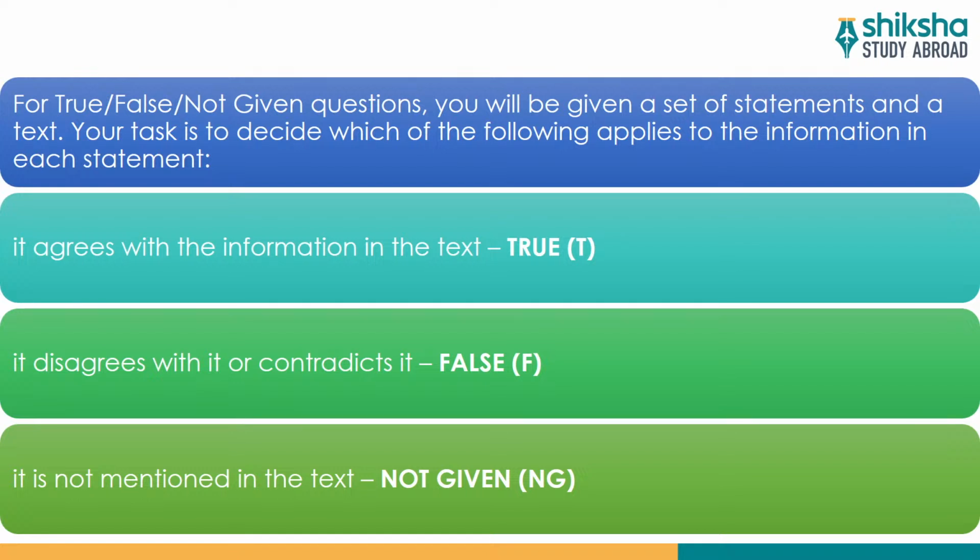And if the statement is not mentioned in the text at all, or only in partial form, it is not given. Please remember, guys, that you cannot write any short form. You have to write the full word. So when the answer is true, please do not write capital T. For false, please do not write F, and the same goes for NG, not given. Please write the full form as true, false, and not given.